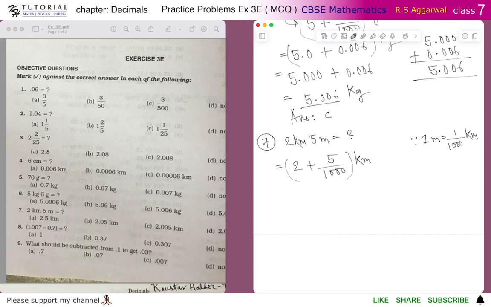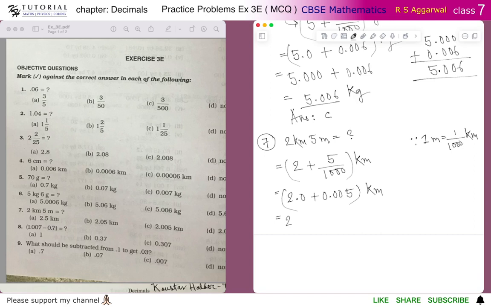So now this is 2.0 plus 5 divided by 1000, a decimal fraction. We can convert it into a decimal number, and it becomes 0.005 kilometer. Now we have to add these two decimal numbers.